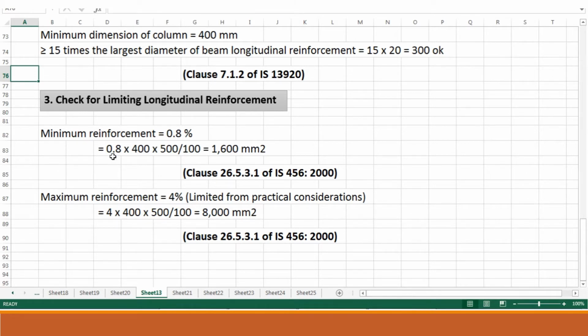So here it's 0.8 into 400, which is the width, into 500, the depth, divided by 100 for the percentage, which is 1600 mm square, and the maximum reinforcement is 4%. That's limited from practical considerations. So this is as per clause 26.5.3.1 of IS 456-2000. So that's 4 into 400 into 500, the width and the depth, divided by 100, that's 8000 mm square.